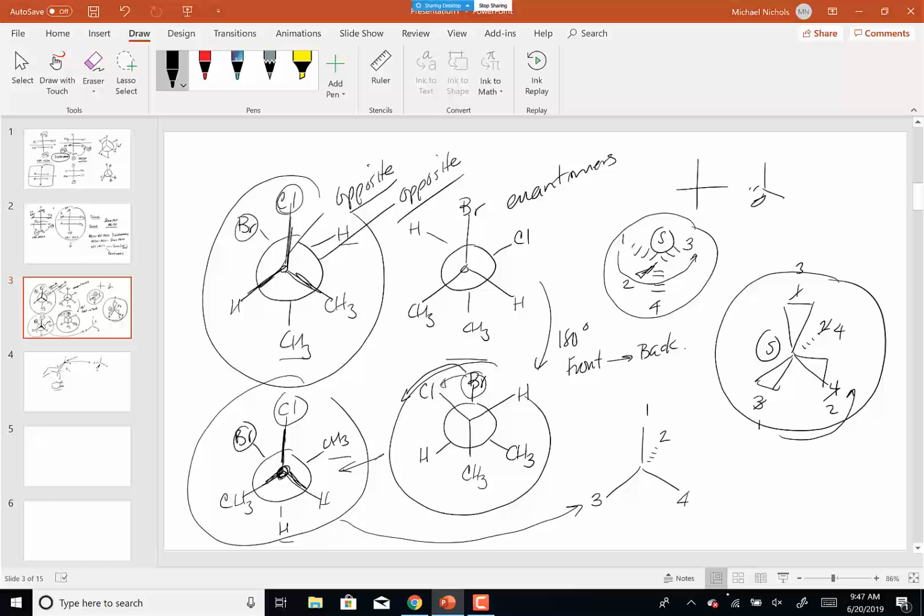And then it's really down to R and S, determining R and S configurations on any of the orientations of these molecules: Newmans, Fishers, tetrahedra. And then the relationships between the two molecules.